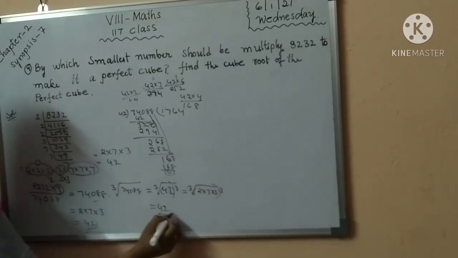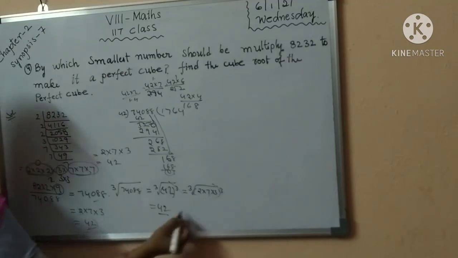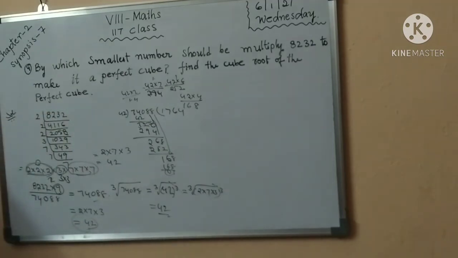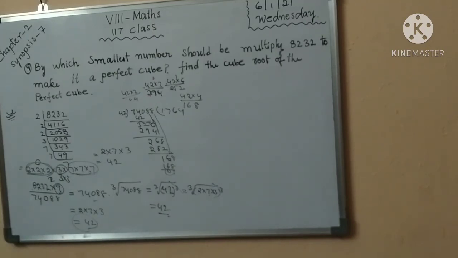The cube root cancels. 2 sevens are 14, 14 threes are 42. Okay children, so 42 is the cube root of 74,088. I hope you understood these problems.